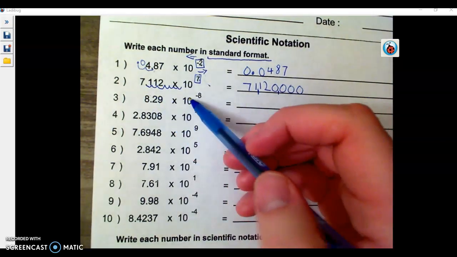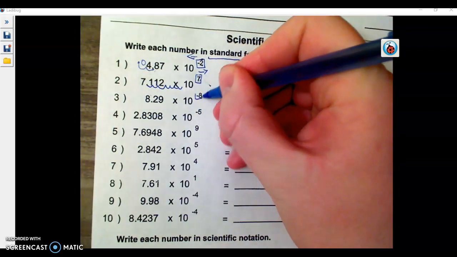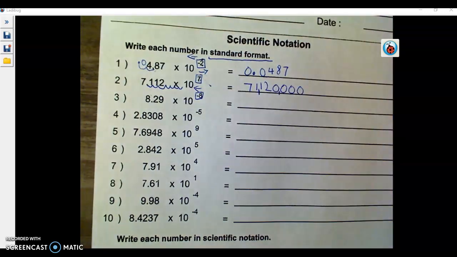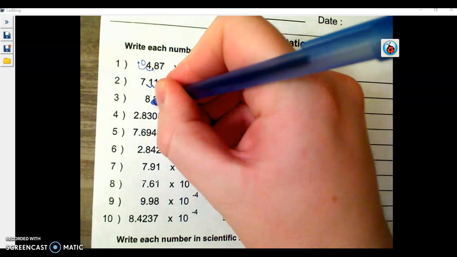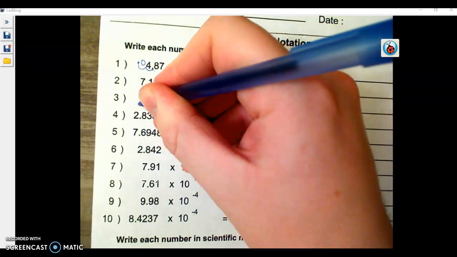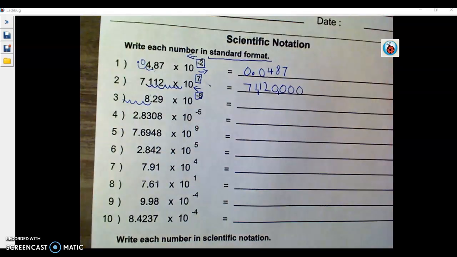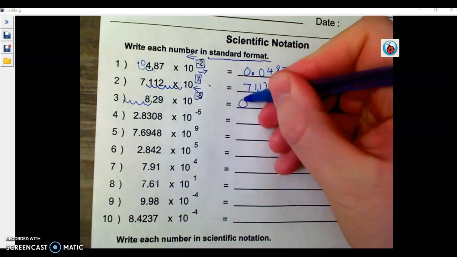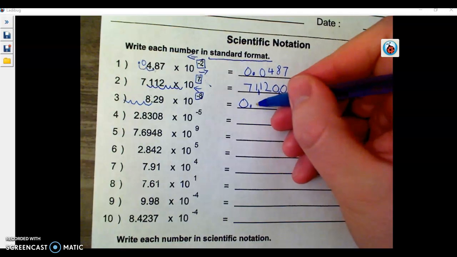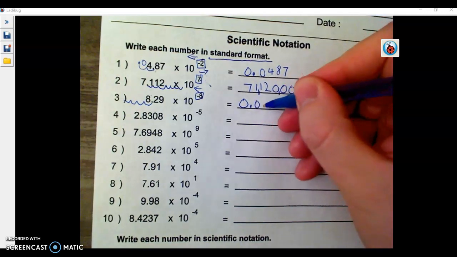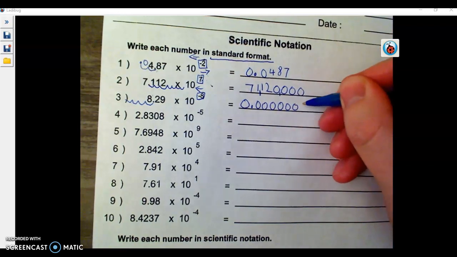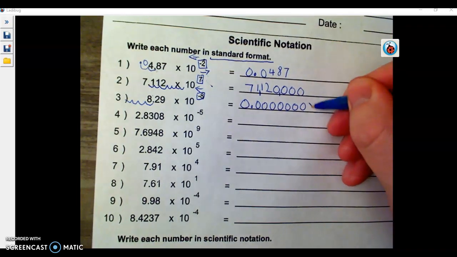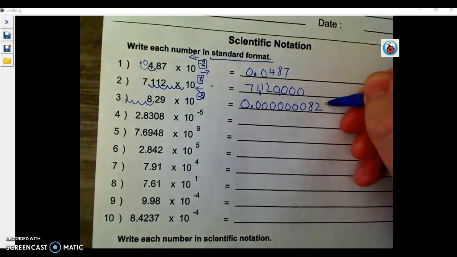So for number 3, we have 10 to the power of negative 8. Negative exponent means it's going to the left. So it's going to be this moved 8 spots to the left. So it's going to be 0.1, 2, 3, 4, 5, 6, 7 zeros, followed by 8, 2, 9.